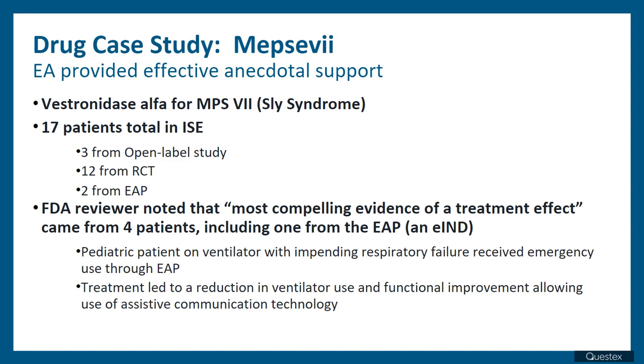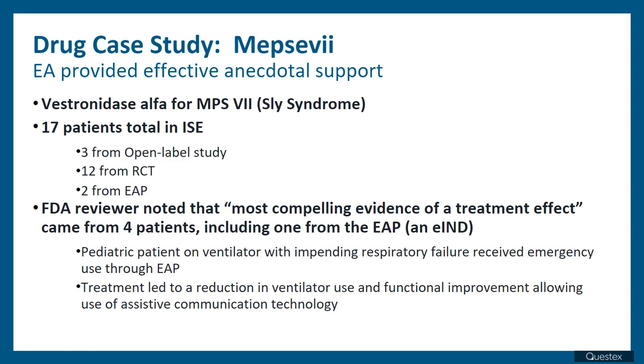So if you think about 2 out of 17, this is a pretty sizable proportion of their overall efficacy data coming from expanded access. But I think most compelling was the FDA medical reviewer noting that the most compelling evidence for the treatment effect actually came from one of the patients in an emergency IND expanded access program.